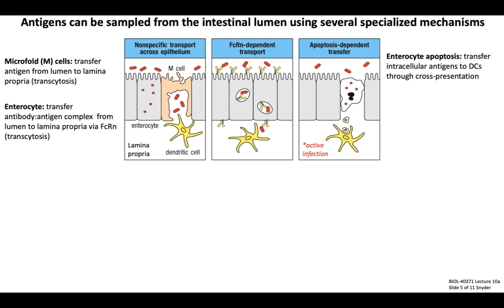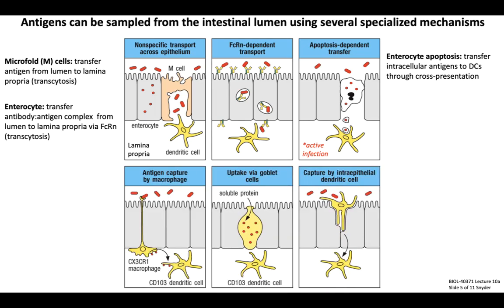On the right panel, we have a third example of antigen transport, where enterocytes infected with intracellular pathogens will die by apoptosis. In this case, dendritic cells in the lamina propria can phagocytose intracellular antigens for processing and cross-presentation on MHC class I. Importantly, this specific form of antigen acquisition by dendritic cells is associated with an active intracellular infection, rather than just generalized sampling of the gut lumen contents.